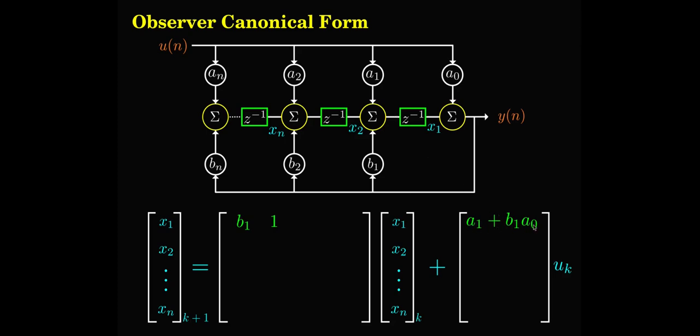So a1 plus b1 a0. Then x2 k plus 1 is, this is x2 k, which is the same as x1 k plus 1. This is x2 k plus 1, which is this plus this plus this, alright.